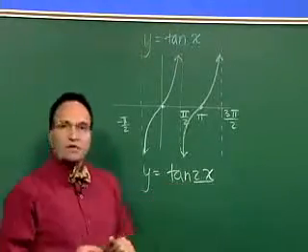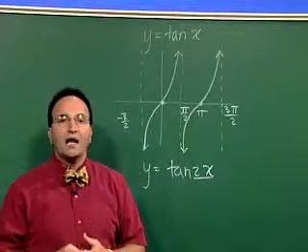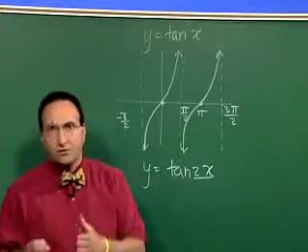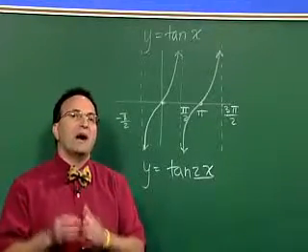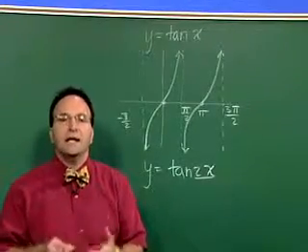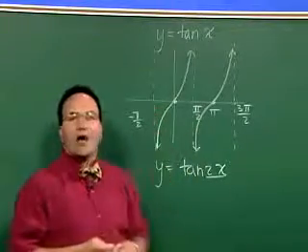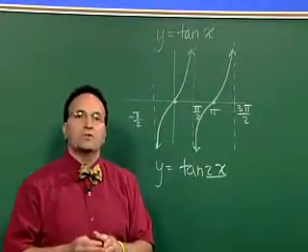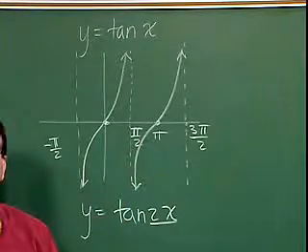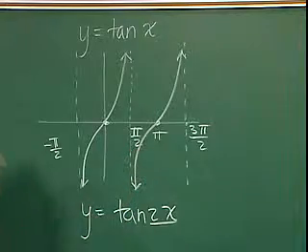In fact, what's going to happen is, instead of the tangent, which has a period of pi, we will now be looking at y equals tan 2x having a period of pi over 2, which means we'll complete a cycle in pi over 2. It also means that the vertical asymptotes will become, instead of negative pi over 2 and positive pi over 2, negative pi over 4 and positive pi over 4.